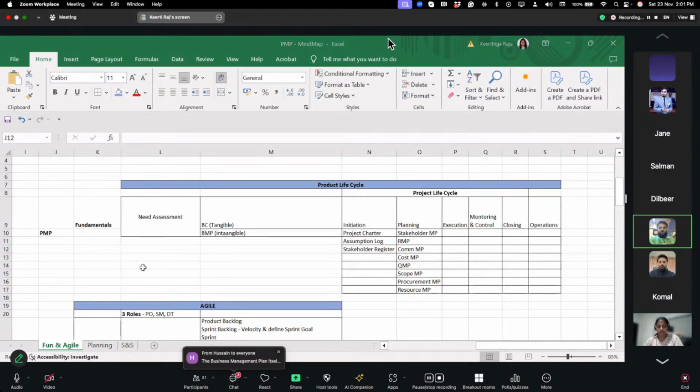Then we have execution, then monitoring and control, and finally the closure of the project. Once the project is closed, it converts into operations.